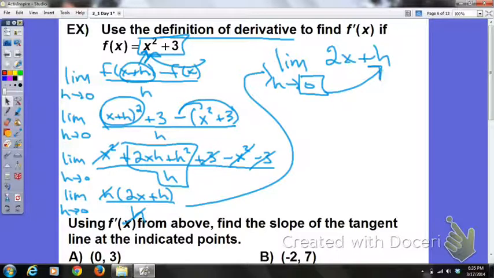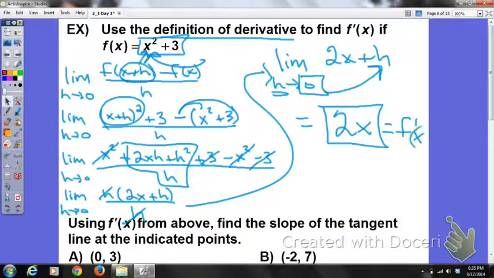Be careful, it's the limit as h approaches 0, not x. So when we do that, we end up with 2x plus 0, which is simply 2x. This is our f prime of x. So I'm going to use this in order to find our slope at specific points below.